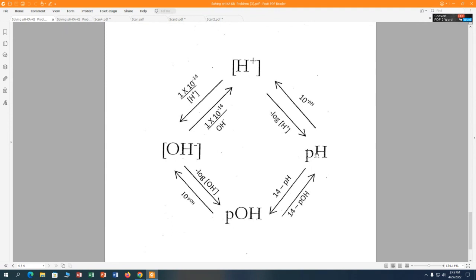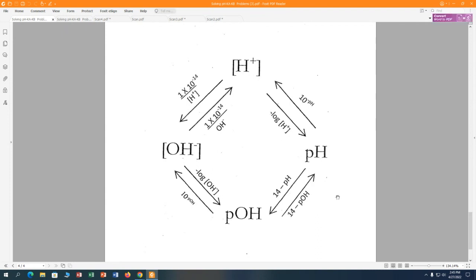My mistake. We have a pH value of 8.14, and we want to find the H plus concentration. So we have the pH. To get the H plus, we go 10 to the minus pH, and that gives us that value.